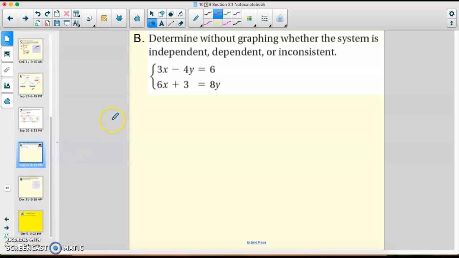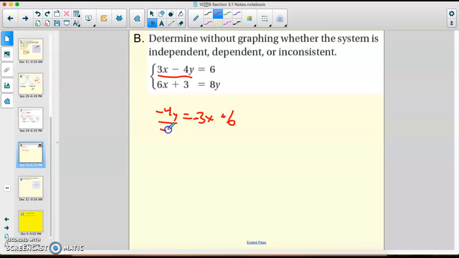Right? So now we're going to determine without graphing whether the system is independent, dependent, or inconsistent. The first step is to get them both into y equals mx plus b, and then we can go from there. Okay, so for this first one here, let's subtract 3x, and so we get -4y equals -3x plus 6.